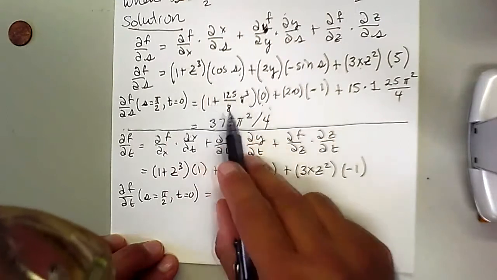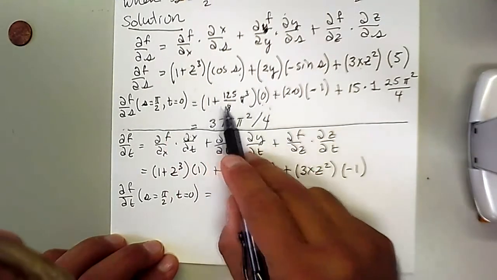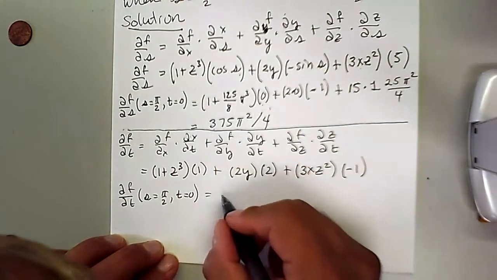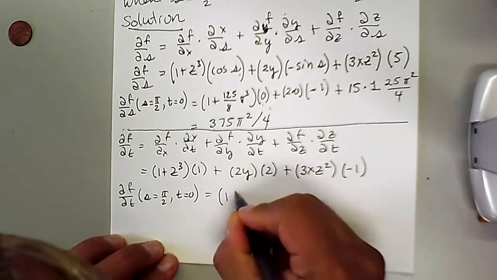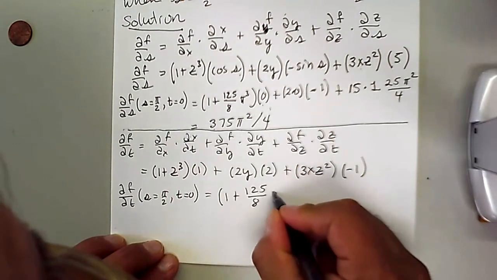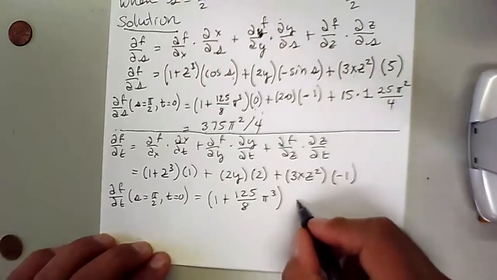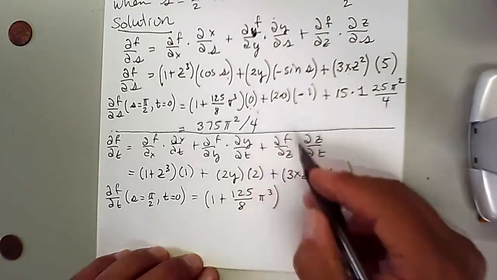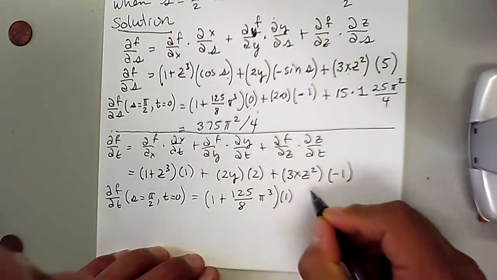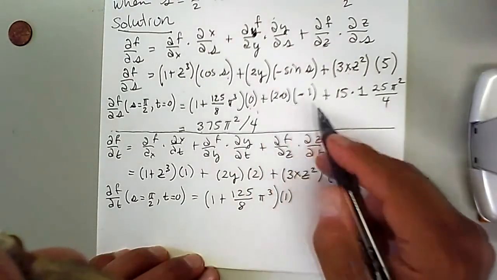That was this big number. The difference now is that we're going to multiply by 1. So this number is not going to go away. We're going to end up with 1 plus 125 over 8 pi cubed times 1. Plus 2 times 0.